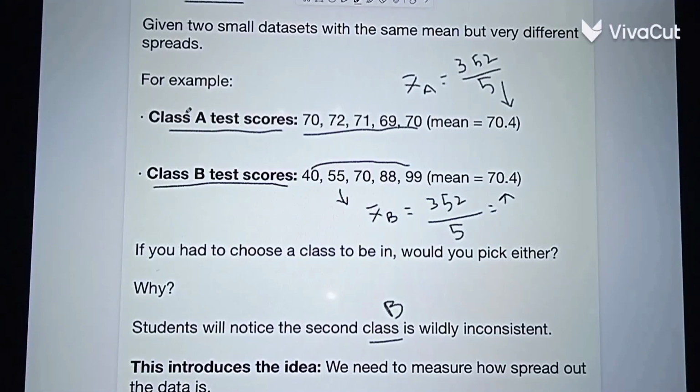If you see, class A data is more stable. So the class A students are more consistent as compared to class B students.